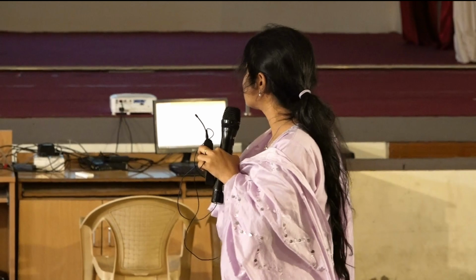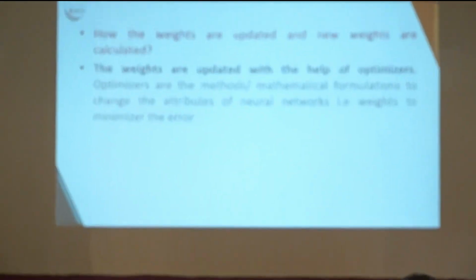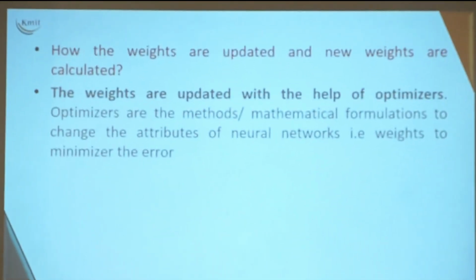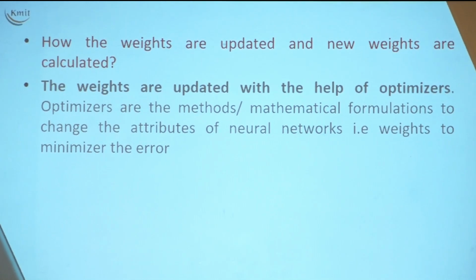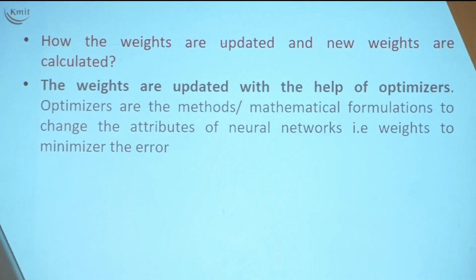Okay, the answer is this. We use optimizers. We have different activation functions, we have different optimizers which will actually help us in updating the weights with which I can reduce my loss function. Okay. So, we will look into different types of optimizers and apply them as we proceed.